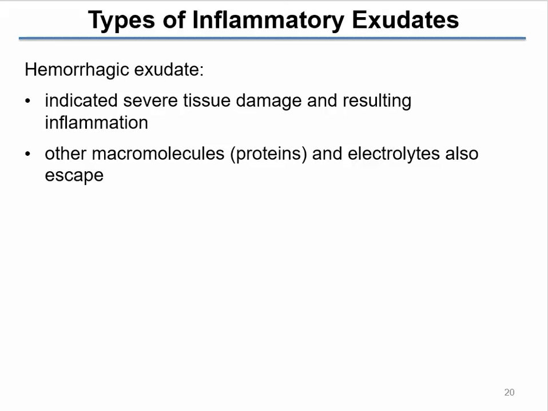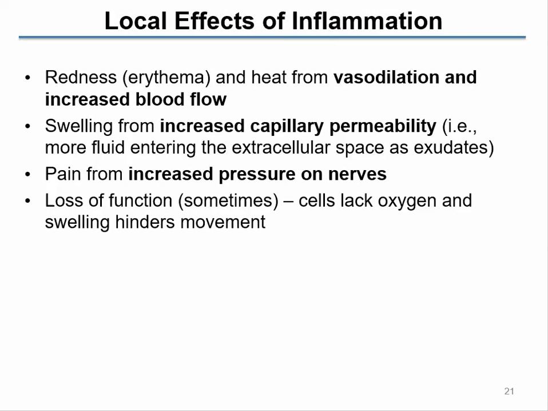And one of the problems with it is that the inflammation causes vasodilation, which may enhance this. Everything in the blood escapes into the tissue. So proteins, electrolytes, all kinds of things end up there. So most of the time, inflammation is local.